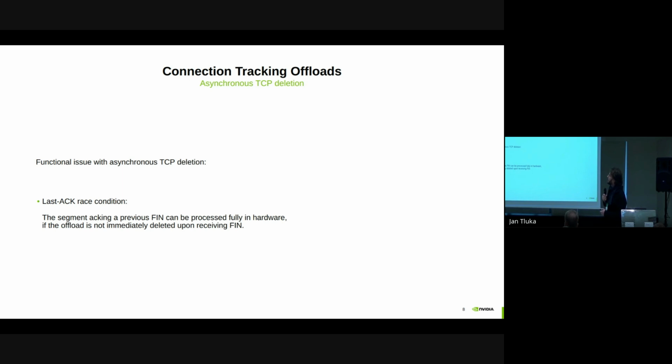So if your asynchronous deletion is backed up by too many entries and too much volume of work to do, then you could just process that last ACK entirely in hardware. And as a result, you will get an incorrect TCP state machine in software. So you have workarounds for it, but it's just not very clean, generally.